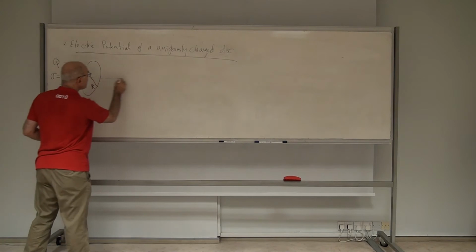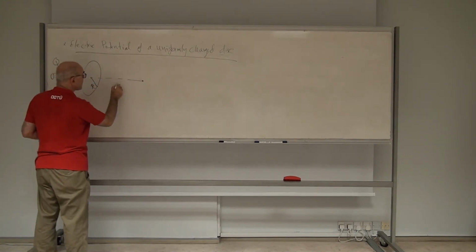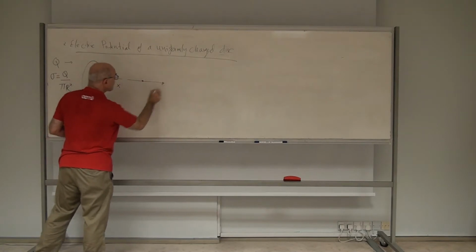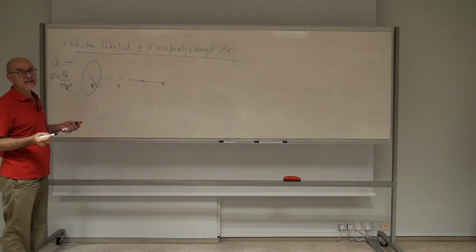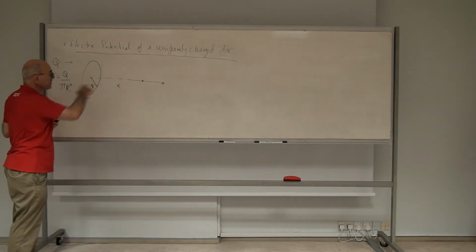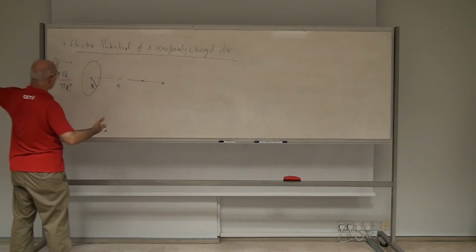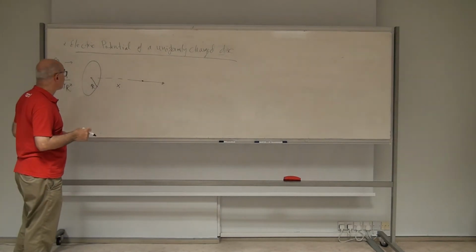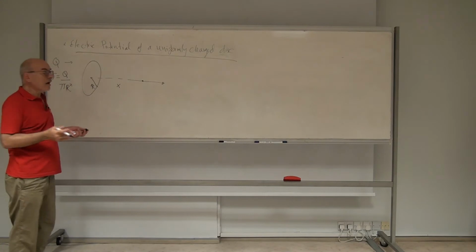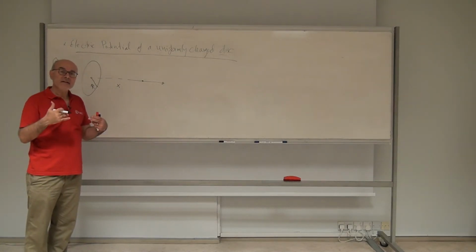We want to find the electric potential at a point x along the axis of the disk, at some distance. Of course, by symmetry, if you take it here or on the other side, it doesn't make any difference. Now, how to proceed? Here we utilize our result for the ring.